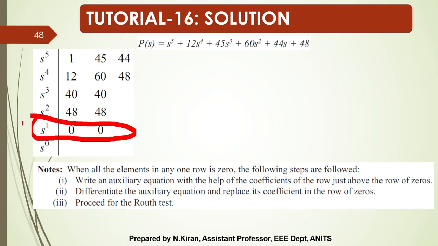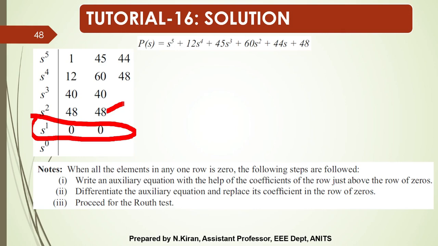So in this case, the auxiliary equation becomes 48s square plus 48 is equal to 0. And we have to differentiate that auxiliary equation, and whatever coefficients we obtain by differentiating the auxiliary equation, we have to replace the row of zeros with those coefficients and then proceed with the row table.